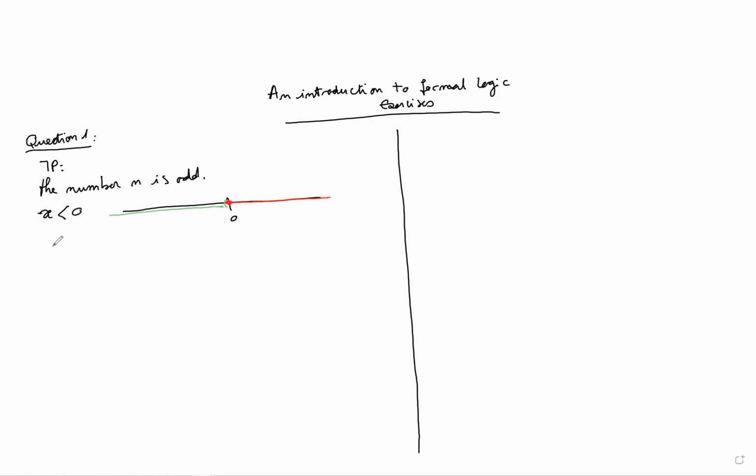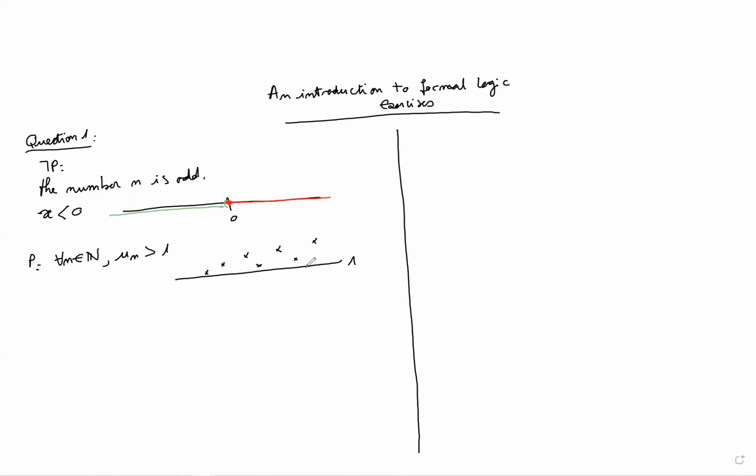The statement was for all n. So for the next one, I'm going to write P. P is: for any whole number n, un, which is the term of the sequence, is strictly superior to 1, which means you have 1 here and all the terms of your sequence are above this, right?